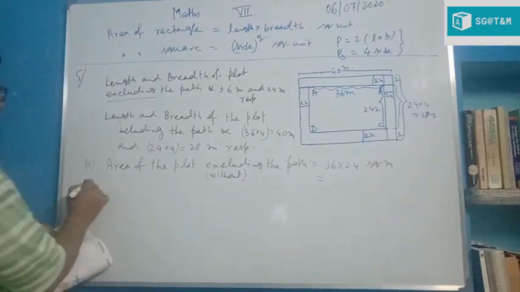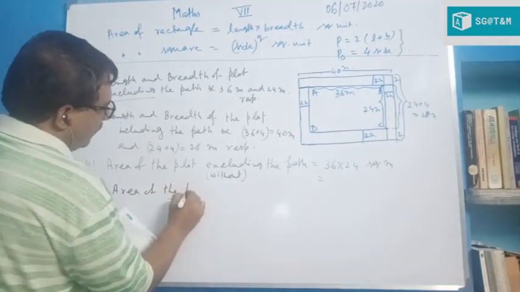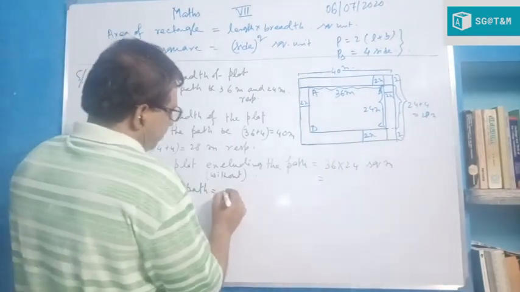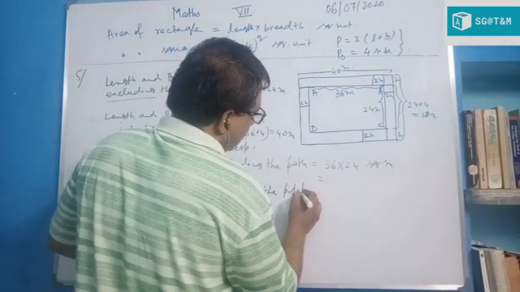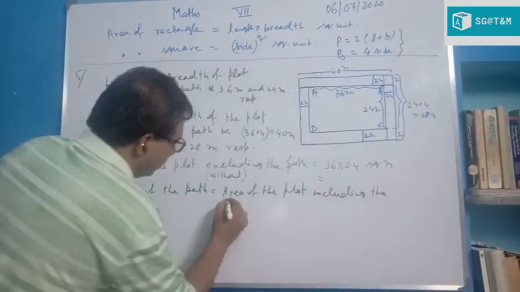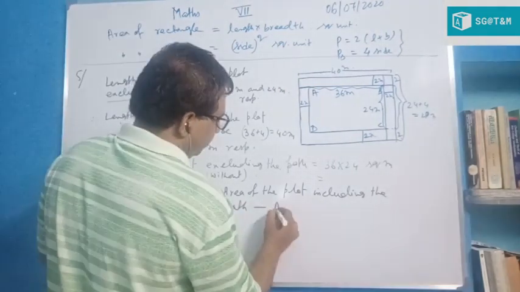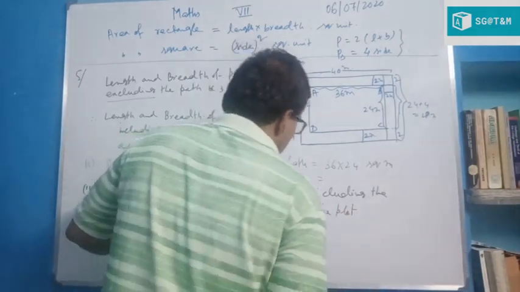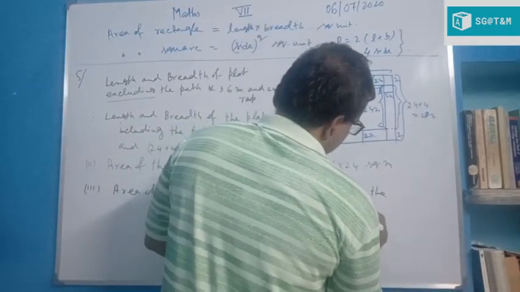Number 3, area of the path is equal to the area of the plot including the path minus the area of the plot excluding the path.